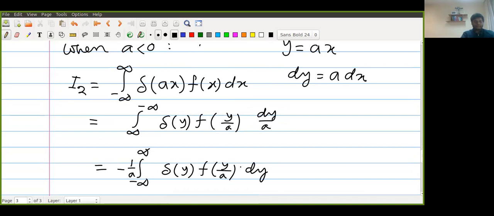So again, ultimately this will be f of 0, and this term I can write again as the integral from minus infinity to plus infinity of delta of x f of x dx.